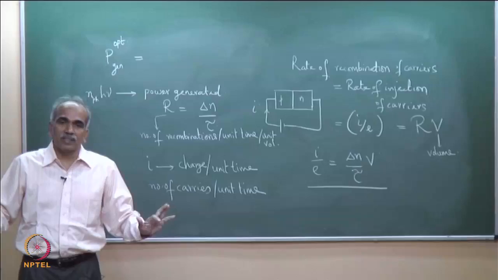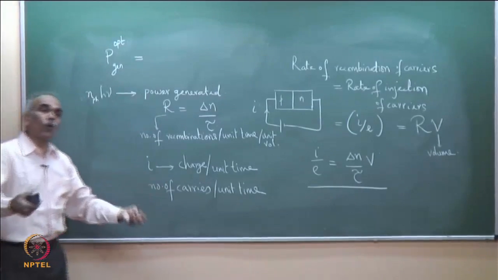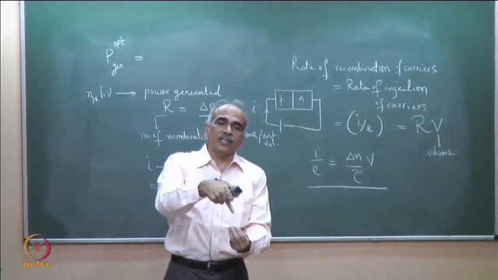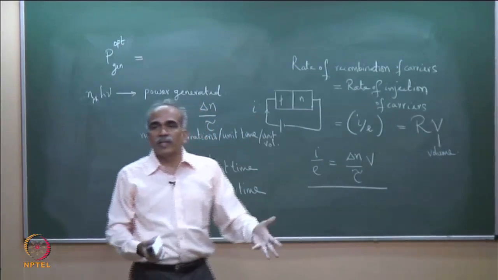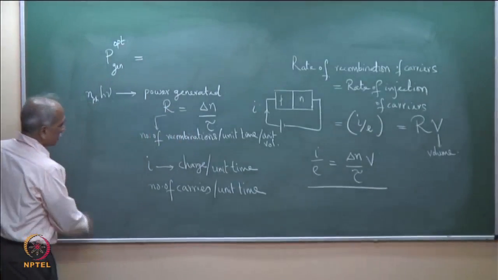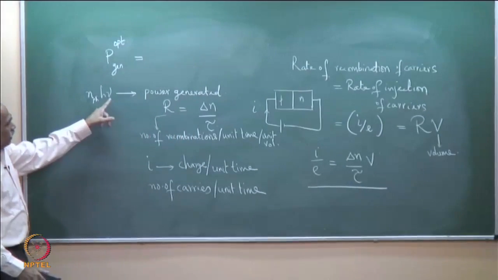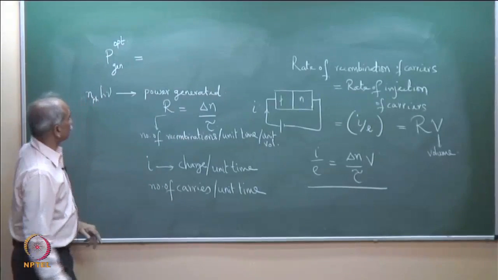That is all the device engineer wants, but it has to be linked from the basics, because all this while we have been talking of carrier recombination, photon generation, radiative transitions, non-radiative transitions, which do not mean anything to a device engineer. So, NPH into h nu gives you the power generated.